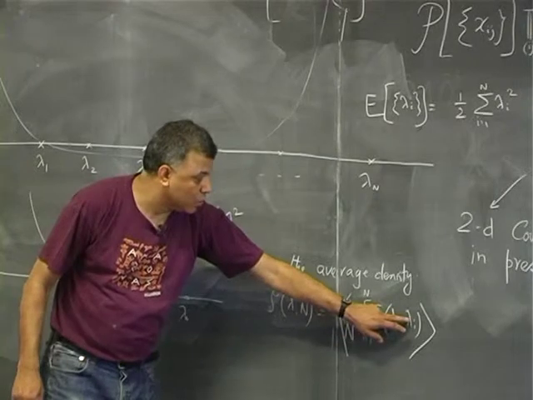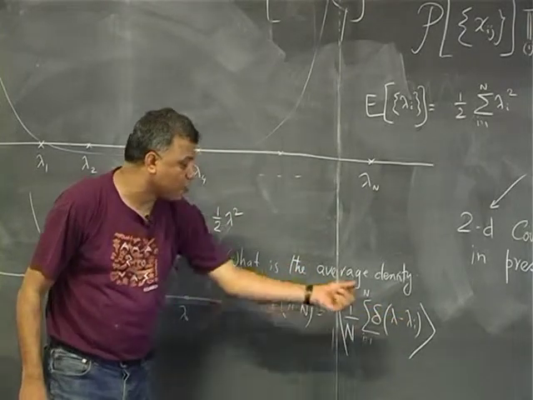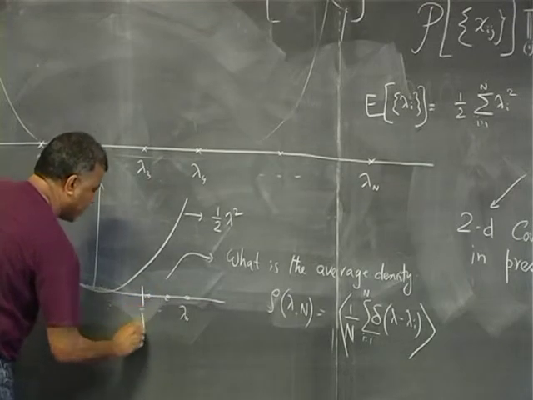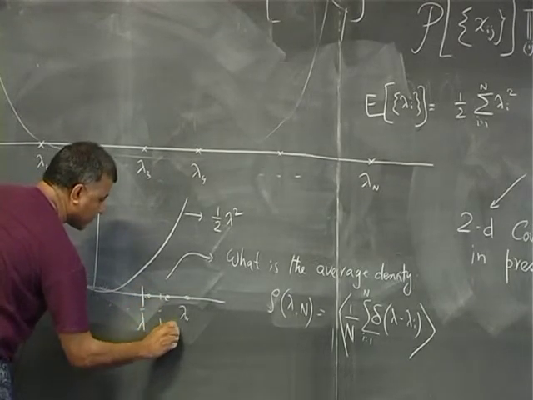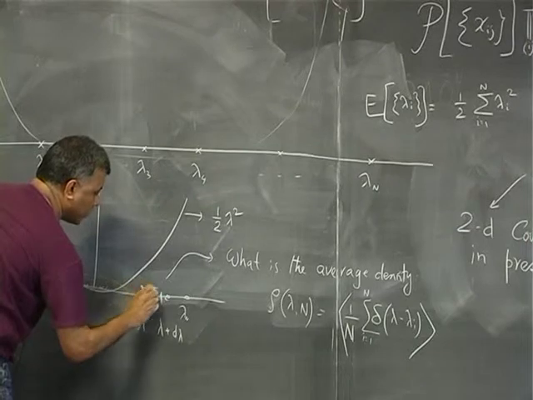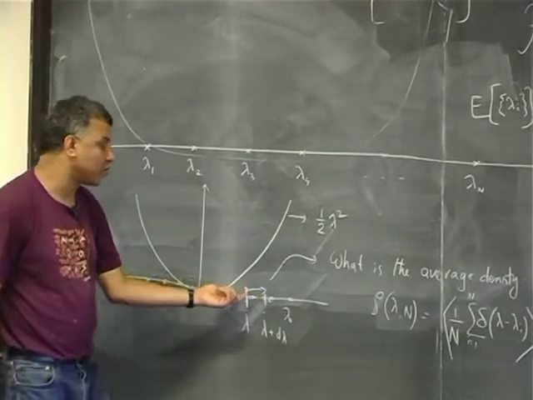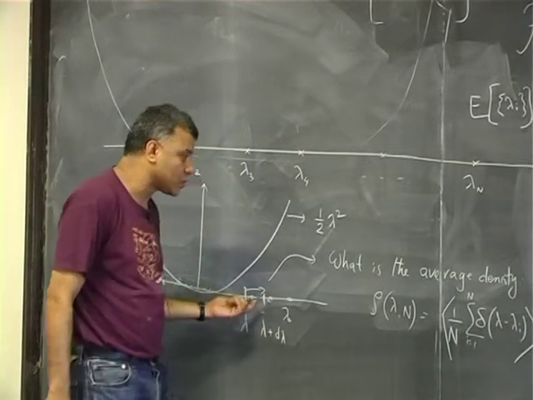So this delta function counts when you look at, let's say, lambda and lambda plus d lambda in your space, in this little box here, and you ask, what fraction of particles are there? What's the average fraction of particles living in that little box?